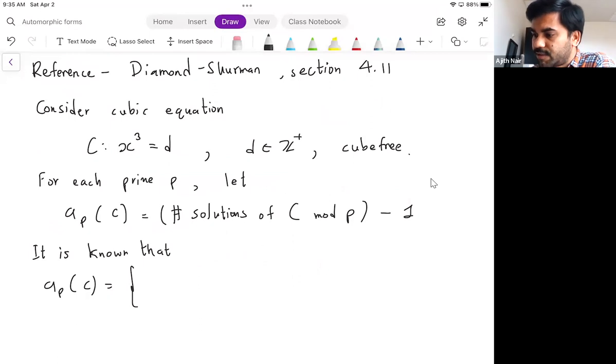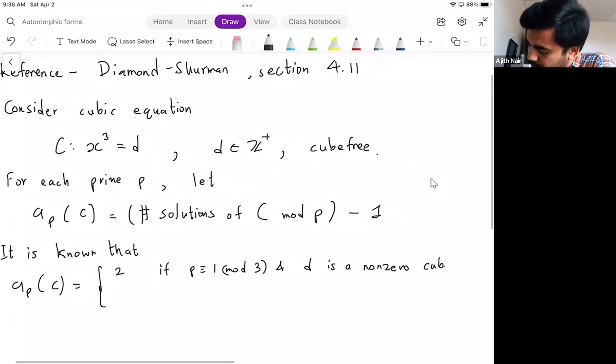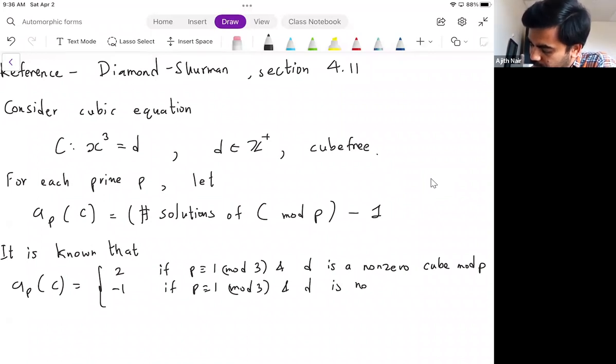Just as that, we can also consider this in the cubic case, and we have the following. a_p is equal to 2 if p is congruent to 1 mod 3 and d is a non-zero cube mod p. a_p is negative 1 if p is congruent to 1 mod 3 and d is not a cube modulo p.